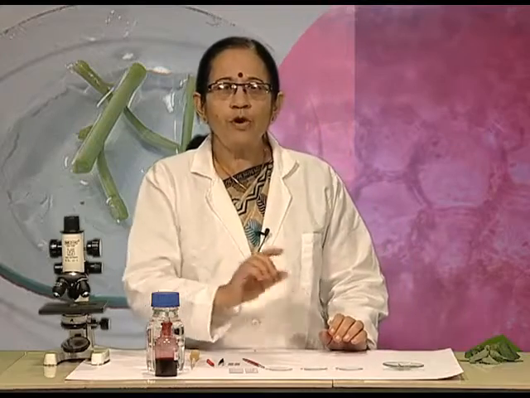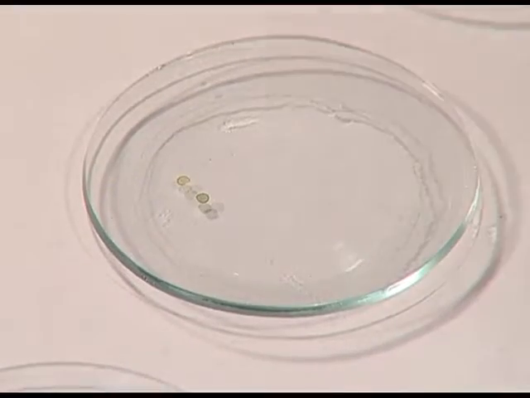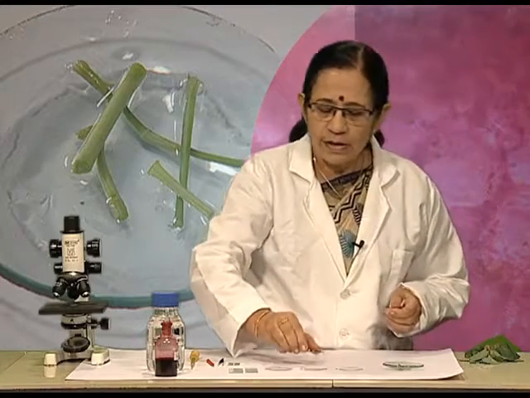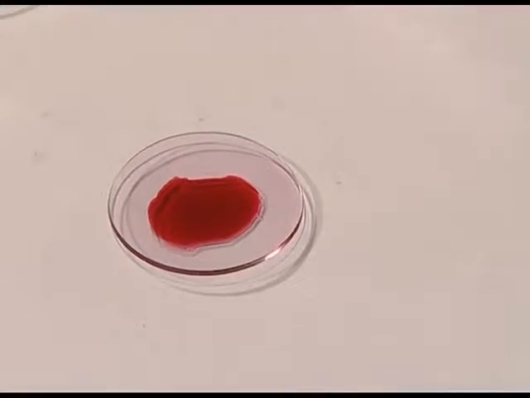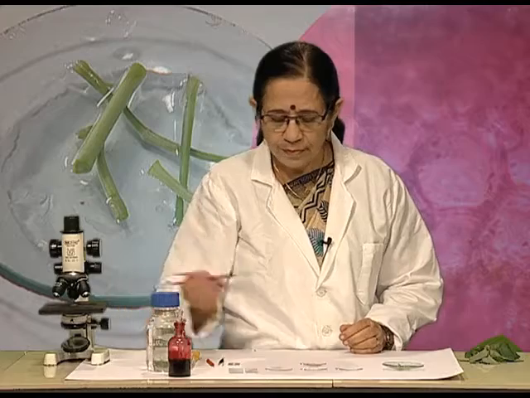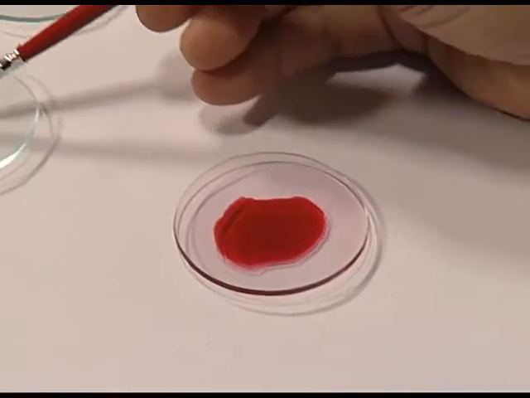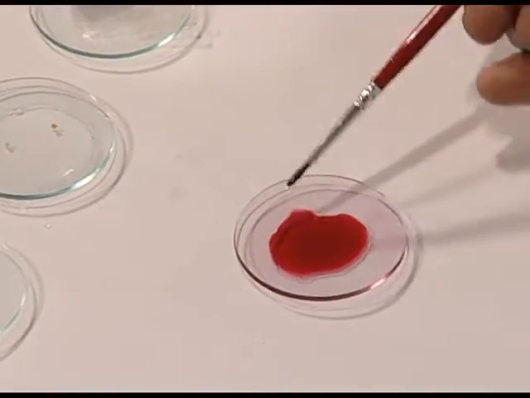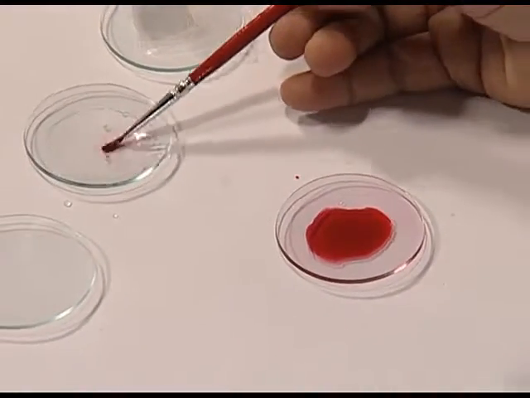Now, we want to stain these sections. For this, we will take safranin stain and dilute it with some water and put these sections in the safranin stain.